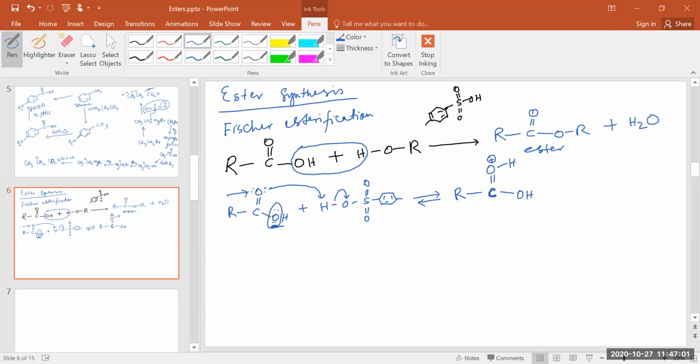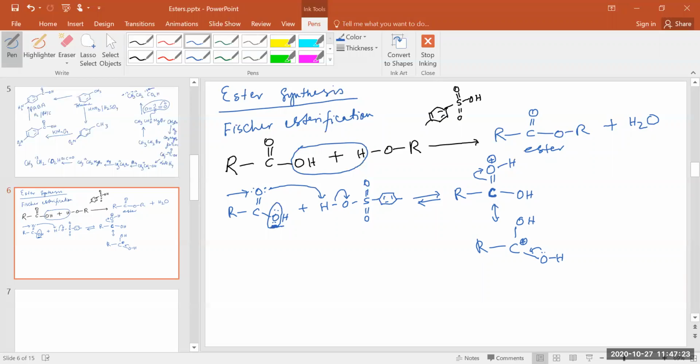Why? Because of the possibility of resonance. Here I can write positive charge plus OH, and you can further write one more resonating structure.